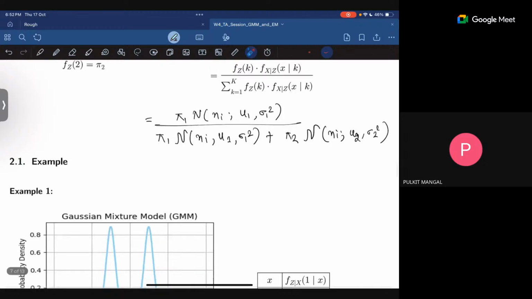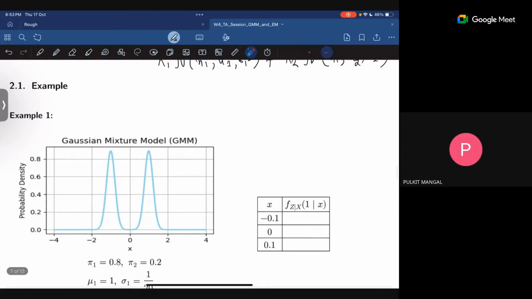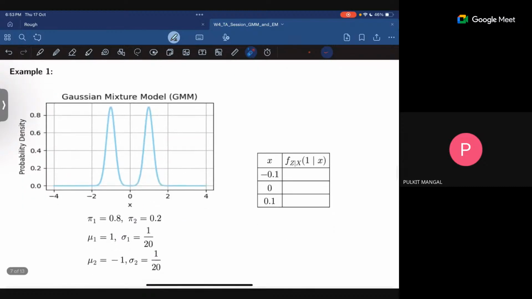Okay, so let's look at a few examples again. This is the density function of the GMM that is given to us with these parameters: 0.8, 0.2, mu is 1 and minus 1, and sigma 1, sigma 2 are 1 by 20, 1 by 20.